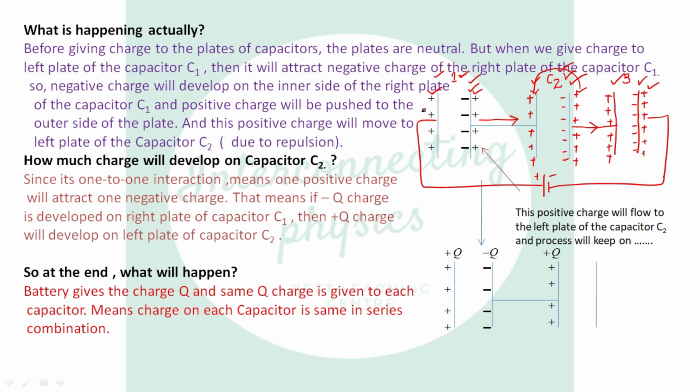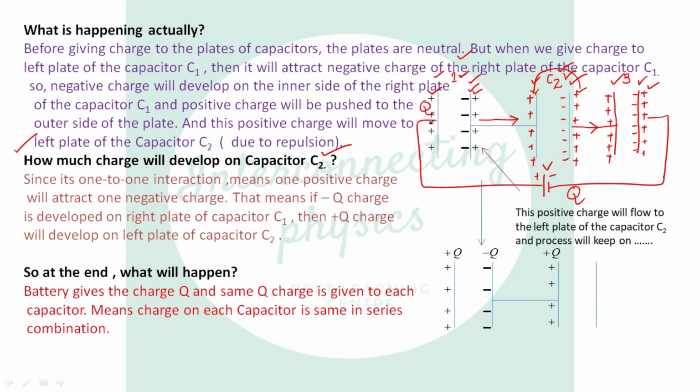You see here, this is one-to-one interaction. I explained here how much charge will develop on capacitor 2. Because plus Q charge has been moved here. This is clear because the Q charge was the charge on the battery, and this plus Q charge has been moved to the left plate of the first capacitor.